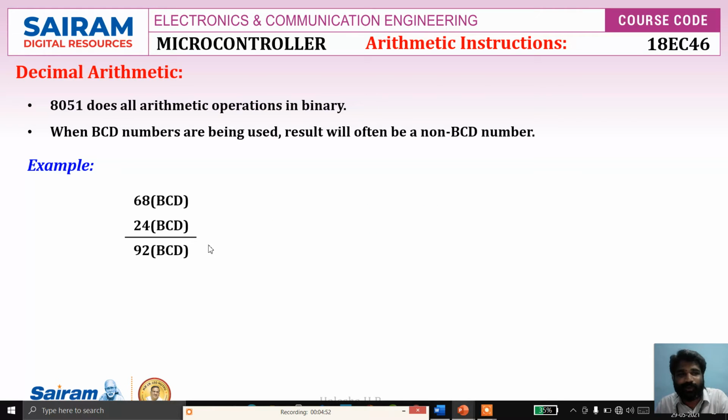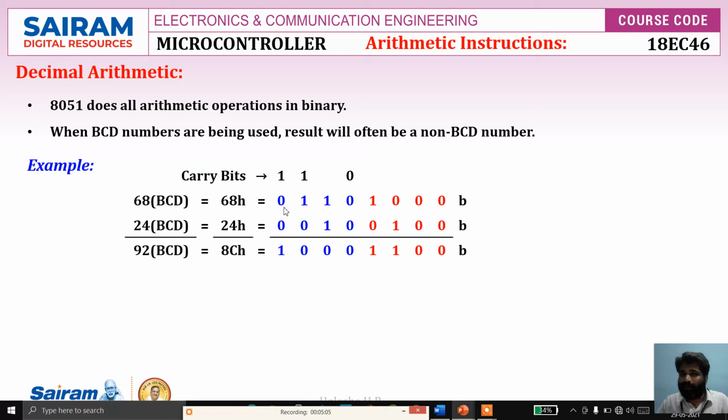Let's consider one more example: 68 plus 24. You are expecting the result 92. But the microcontroller performs this in binary. This is 6 and 8, 2 and 4.